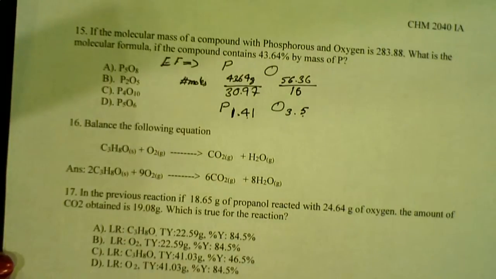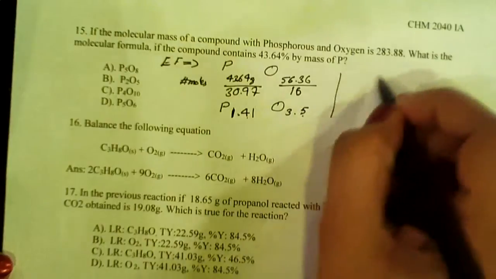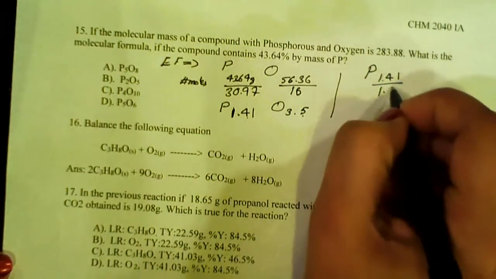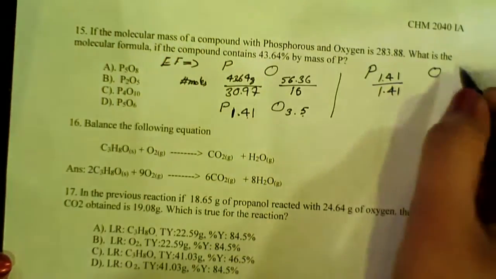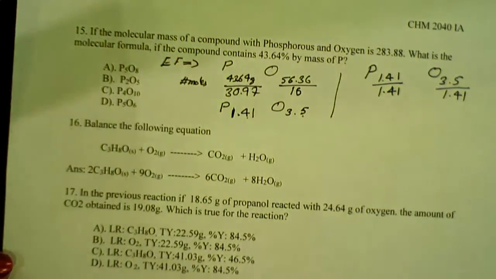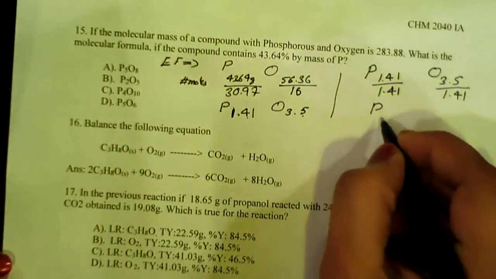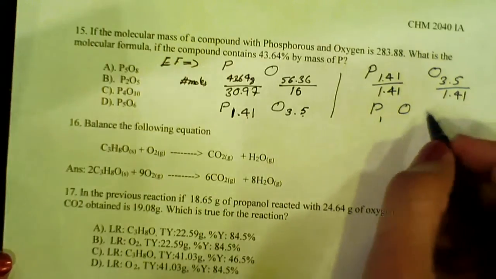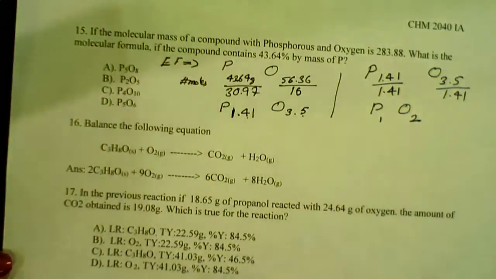So this 1.4 you can round it as 1.5, and this is 3.5, and actually you have to divide the largest number of moles with the least number of moles, to get the ratio between the number of moles of each element.